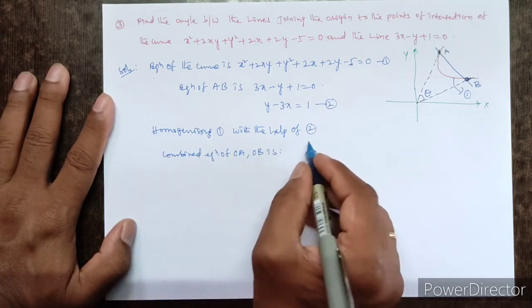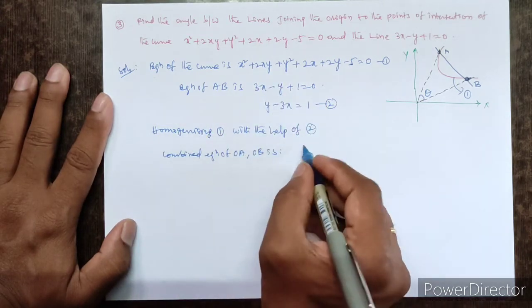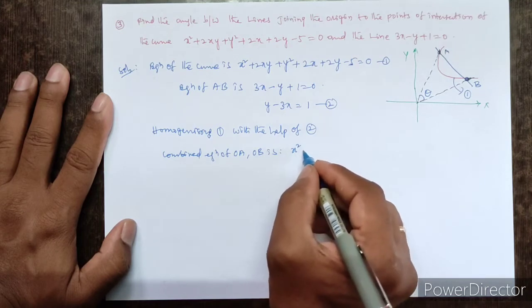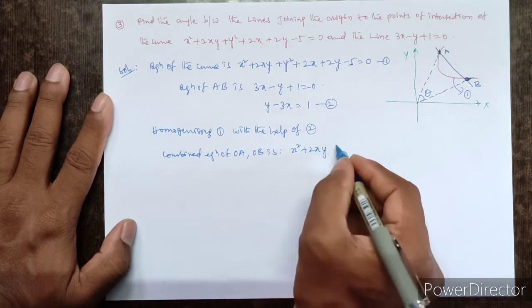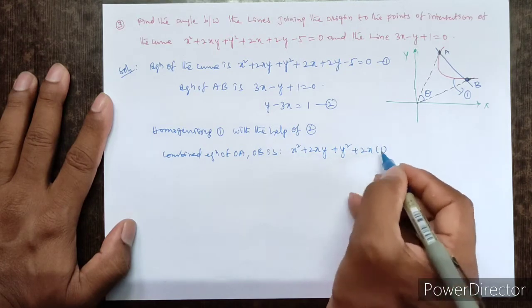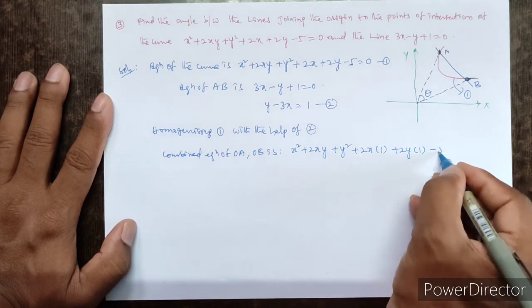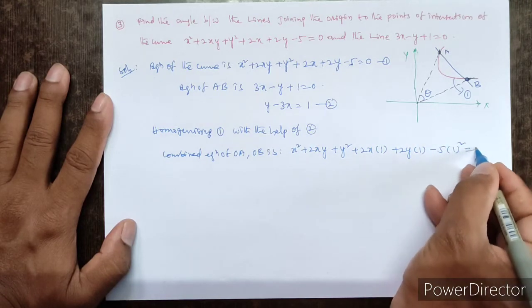Homogenizing with the help of 2, it becomes x square plus 2xy plus y square plus 2x into 1 plus 2y into 1 minus 5 into 1 square.